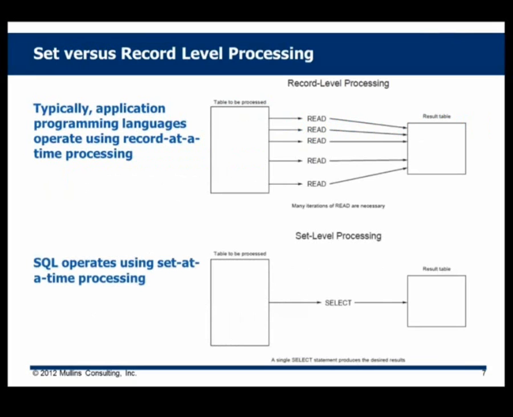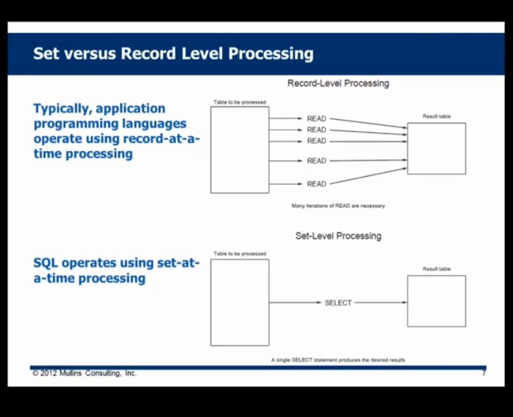Set versus record level processing. This is why you need a cursor when you write SQL selects. Usually you can write a singleton select, but usually you're going to get multiple rows back. And application programs operate a record at a time. Don't think database, just think going out reading from a file. We're going to read a record at a time.